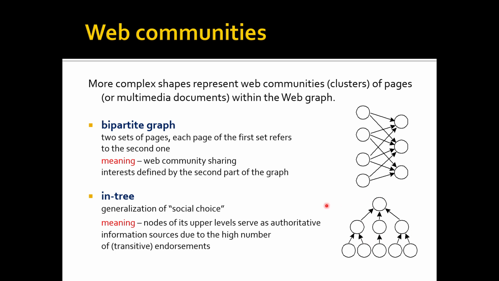And we can also see this as authority. Even though it has only 3 in-links, if we take the whole hierarchy of the in-tree, we can compute that it is many more. It's basically 8 in-links when including also the next level here. So we have hierarchical authority.